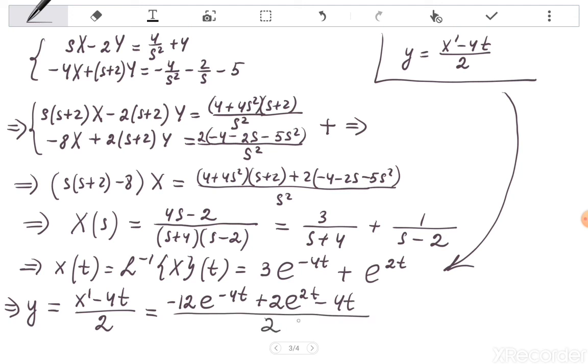So we just can divide everything by 2. We get minus 6 e to the minus 4t plus e to the 2t minus 2t. So this is the function y here. So that's it. The system is solved using the Laplace transform approach.